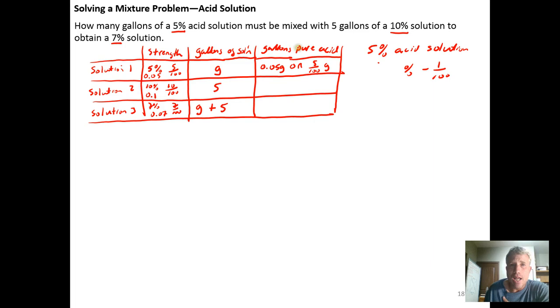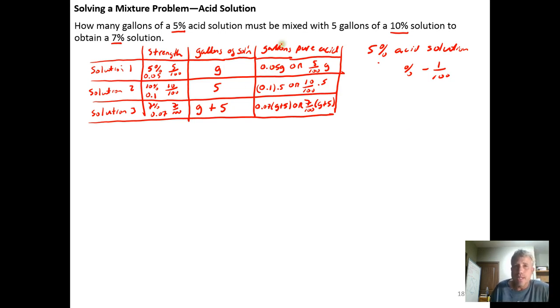So to get the number of gallons of pure acid, if it's a 10% solution, I can take the percent converted to a decimal, 0.1, and multiply that times 5, or I take the 10/100ths, and I multiply that by 5. For the 7% solution, I take either the decimal number, 0.07 times the G plus 5, or I need to take the 7/100ths times the G plus 5.